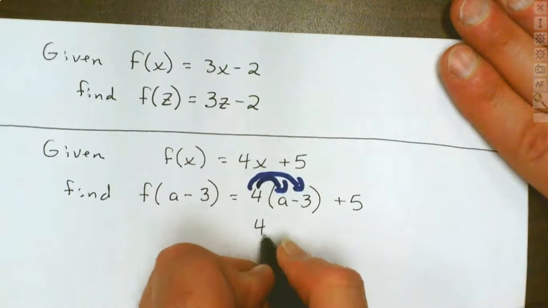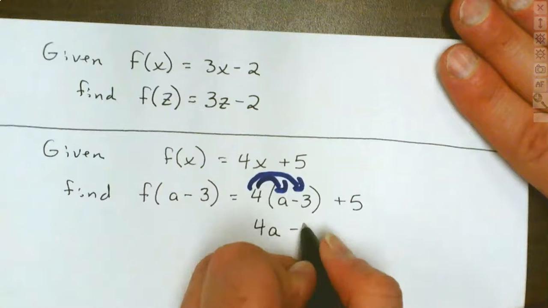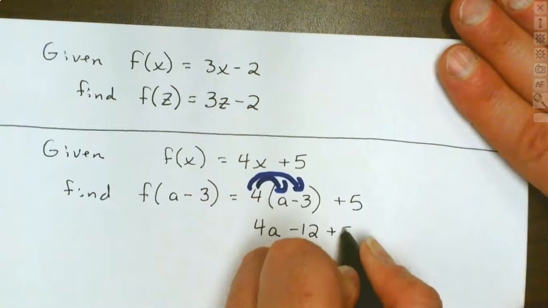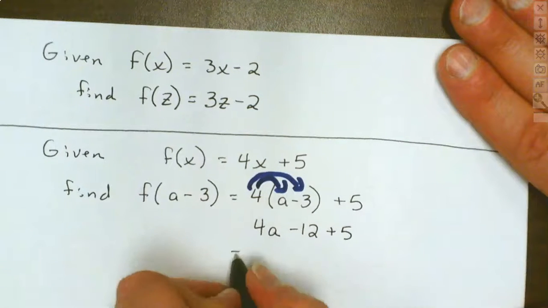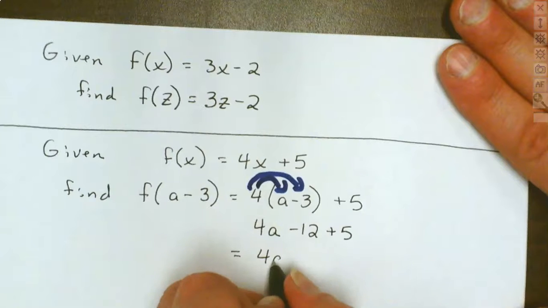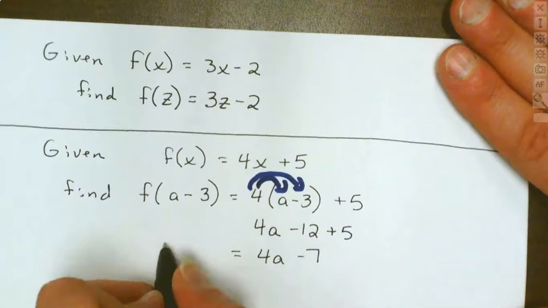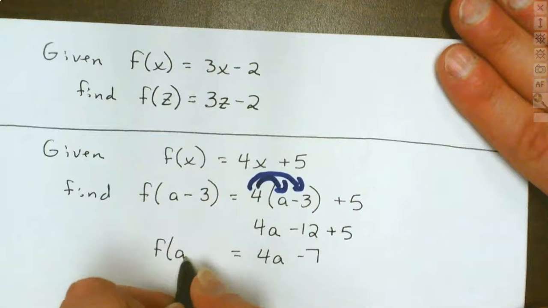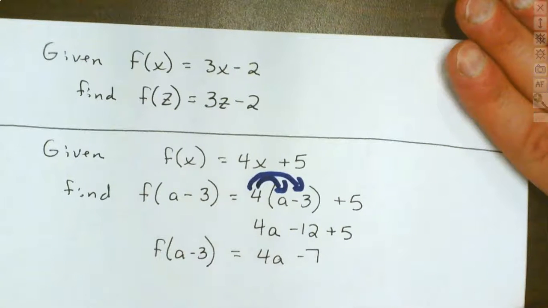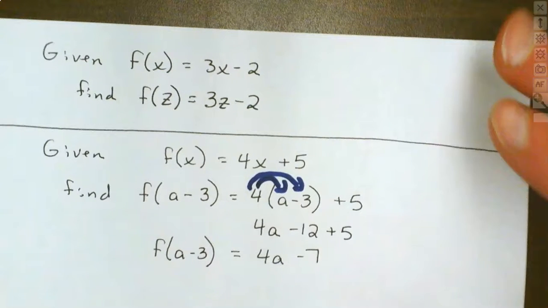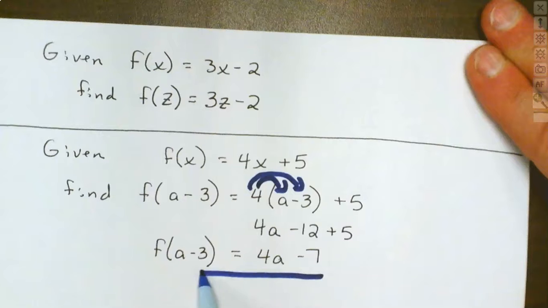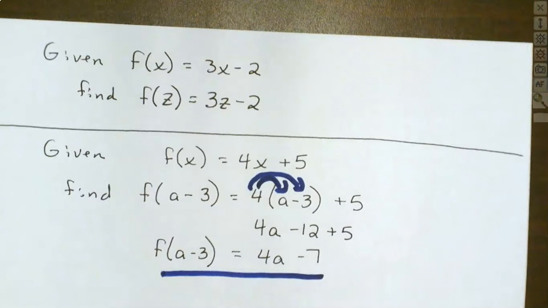And that leaves you with 4a minus 12 plus 5. And combine. And that is now 4a minus 7. And that is f of a minus 3. So we just replaced that x with whatever's inside the parentheses.